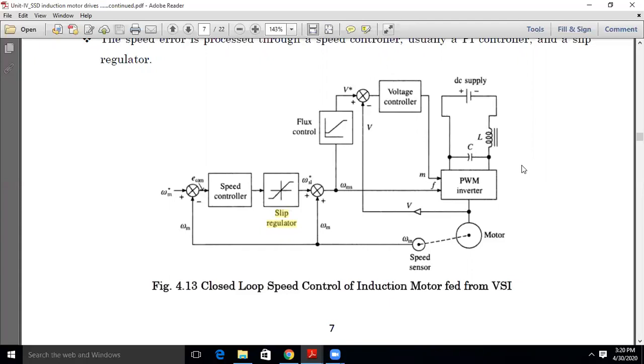Now this fixed DC voltage is given to the inverter. It will adjust the variable output voltage and variable frequency so that it maintains a constant voltage-frequency ratio.